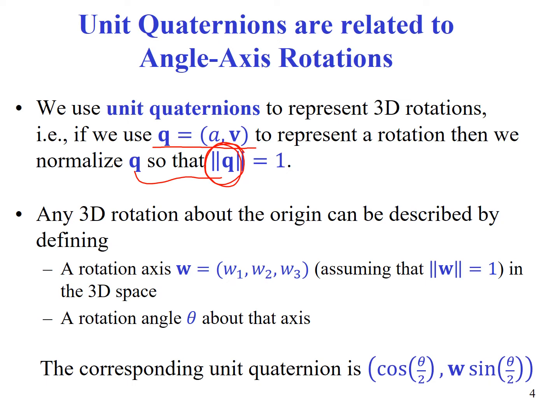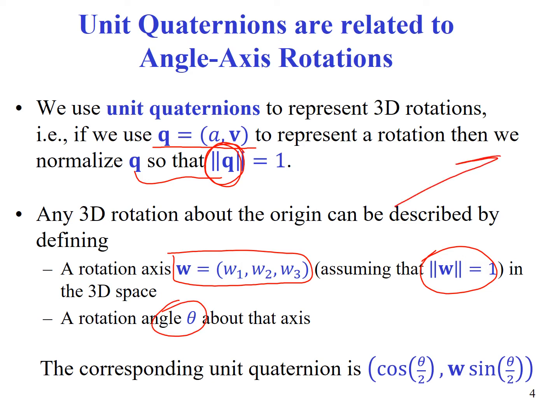Any 3D rotation about the origin can be described by defining a rotation axis w, assuming that w is of unit magnitude in 3D space, and a rotation angle theta. So any rotation can be defined by defining an axis w and a rotation about that axis theta.